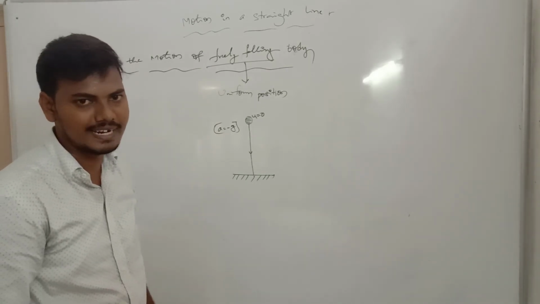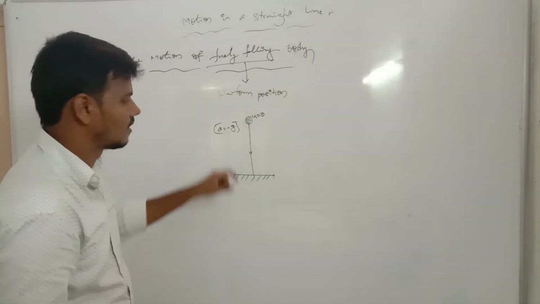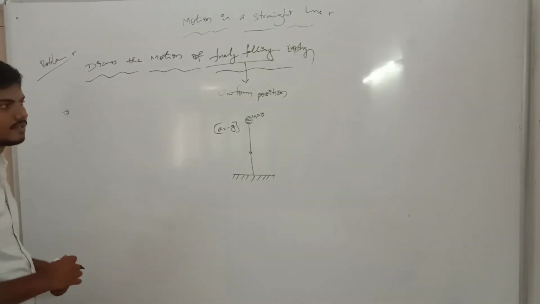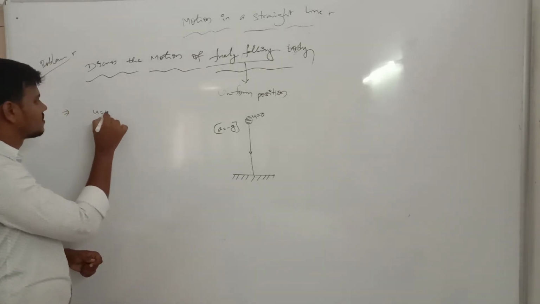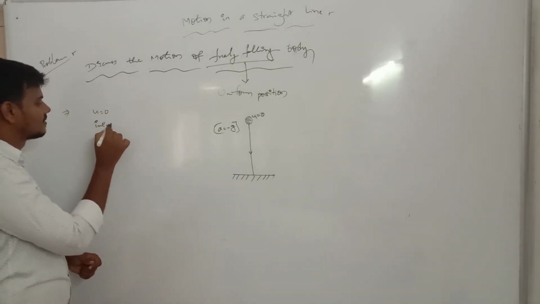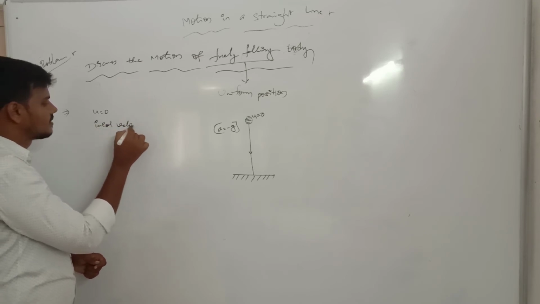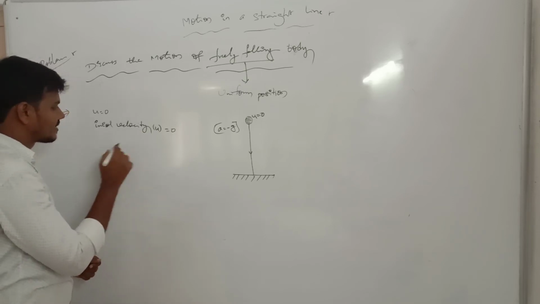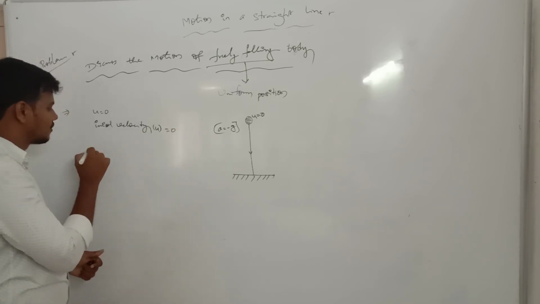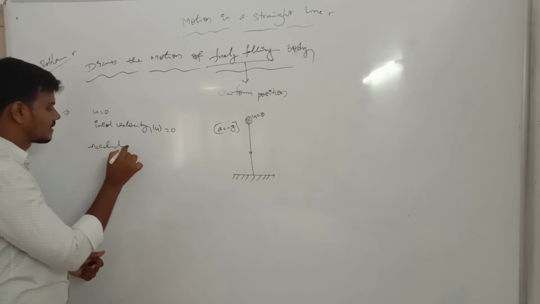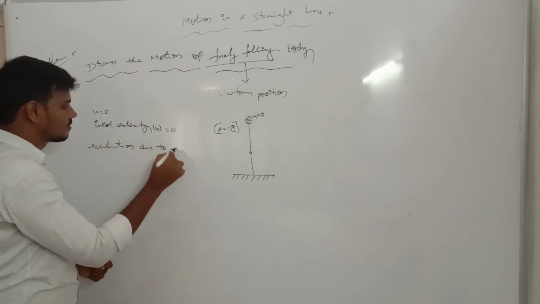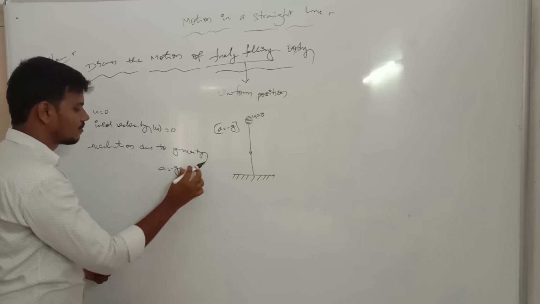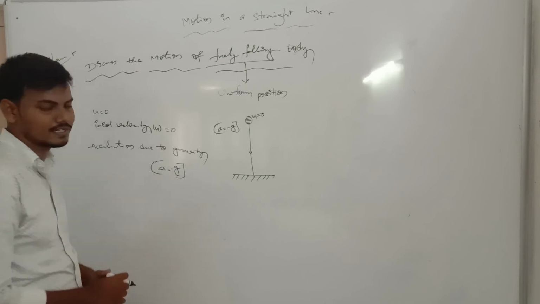Always we apply the negative sign for gravity. u means initial velocity, u is equal to 0, and a means acceleration due to gravity, small g, a is equal to minus g.